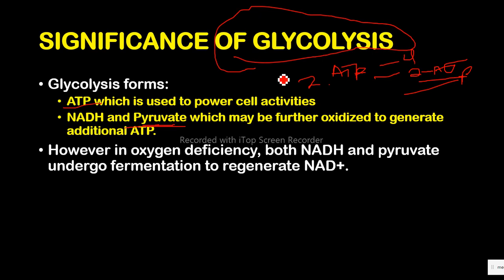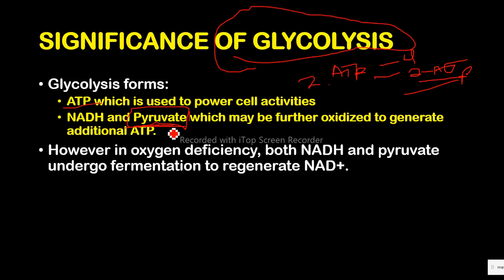You cannot have Krebs cycle, neither can you have the electron transport system. And so you must first undergo glycolysis to produce the pyruvic acid, that in presence of oxygen is going to be shunted into the mitochondrion for further oxidation.